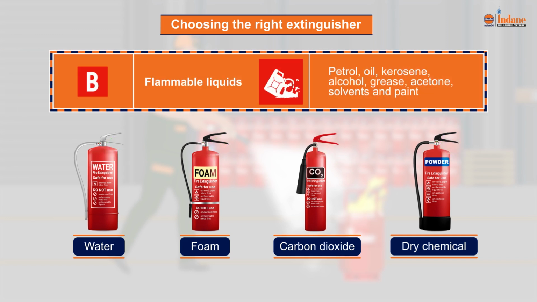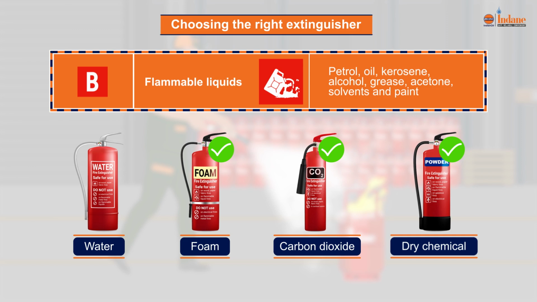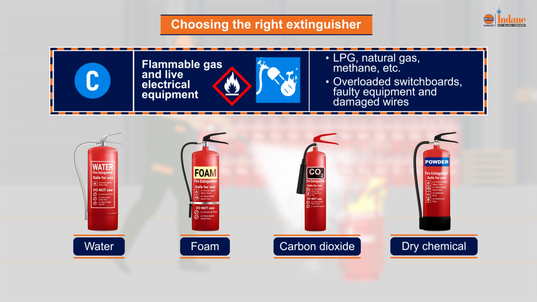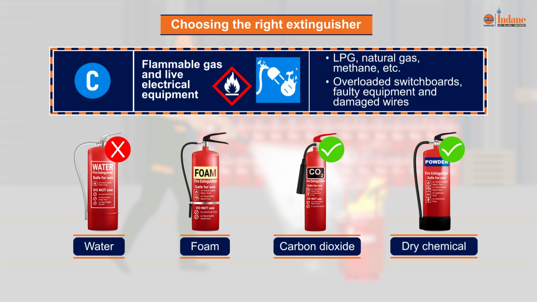For Class B type of fire, it is best to use foam, carbon dioxide, and dry chemical type of fire extinguishers, and not a water extinguisher. For Class C type of fire, it is safe to use carbon dioxide and dry chemical type of fire extinguishers, and not the water or the foam type.